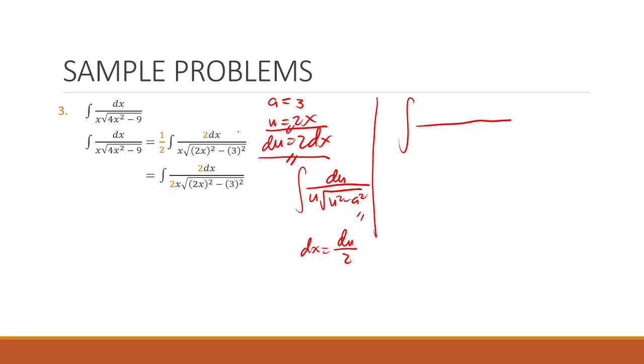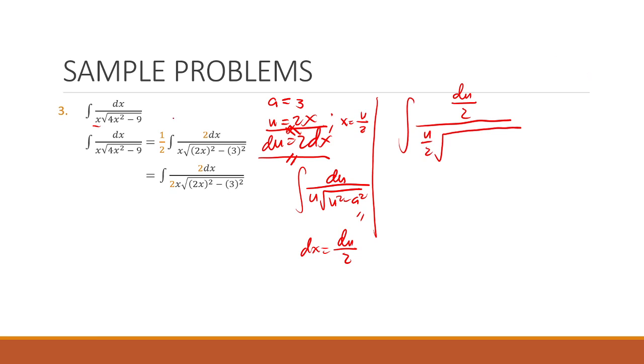So, plug in natin dx is du over 2. Okay? And then, so initially we have x in the denominator outside the radical, and then from this equation, x is u over 2. So x is u over 2, plug in u over 2.